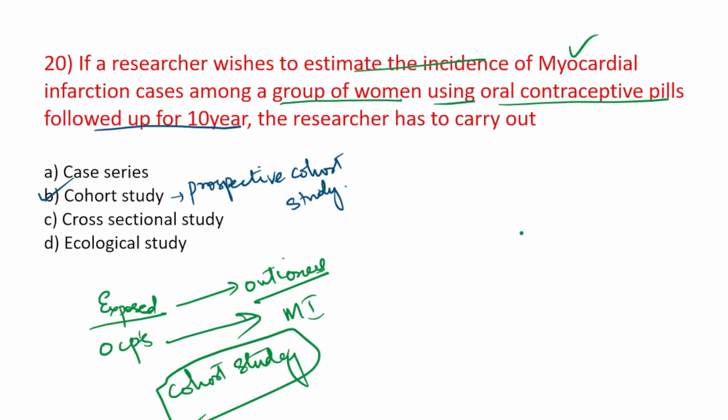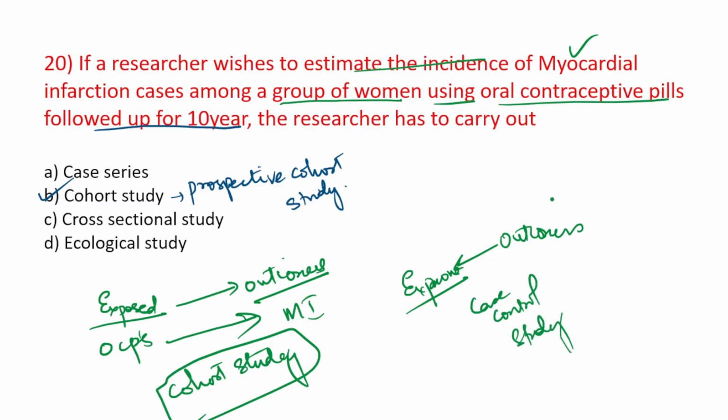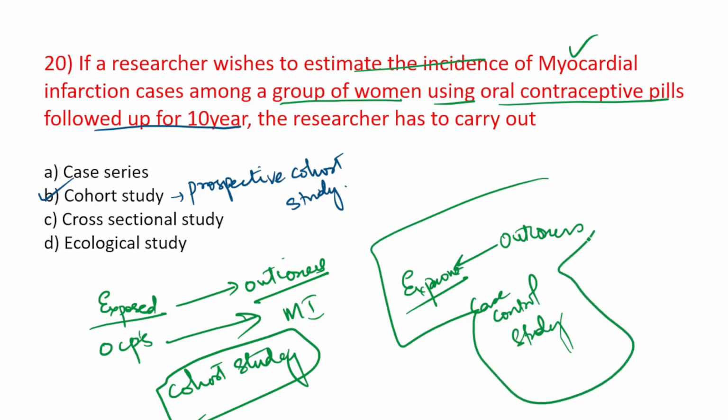If you come the other way, that is from outcomes to exposure, if the study is of this type, then it is called a case control study. Please appreciate the difference between a case control study and a cohort study.